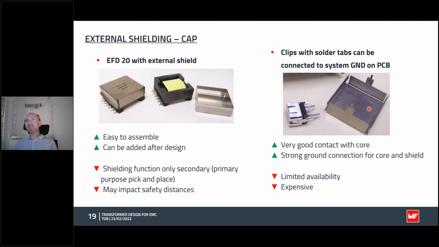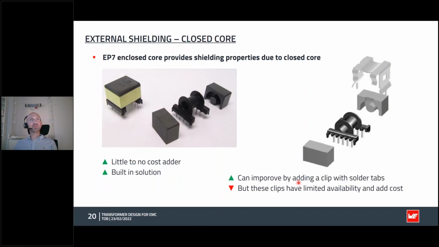And some of these clips you can actually get with ground tabs already, so that they can be easily grounded into the PCB, and so it's a very little extra cost, but there is limited availability, and these metal clips are a little bit more expensive than, say, a plastic clip that could be used as well. So yeah, I guess you get nothing for free in the engineering world either, or at least very little.